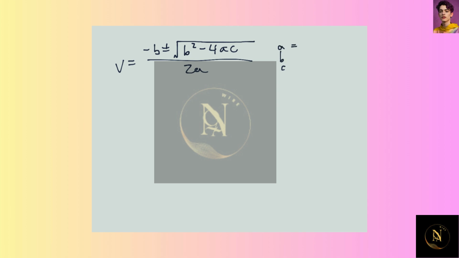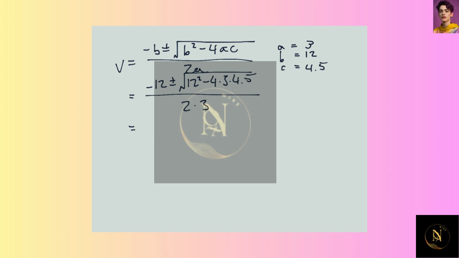Remember from our previous slide, A, B, and C is equal to 3, 12, and 4.5. So we just need to put those into this equation, and what you should get is negative 12 plus or minus the square root of 12 squared minus 4 times 3 times 4.5, all divided by 2 times 3.